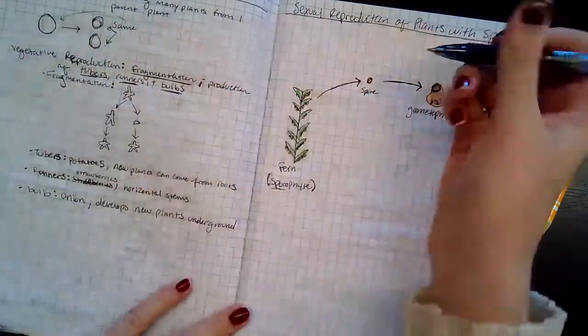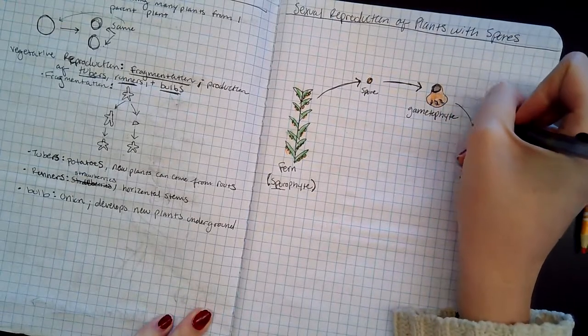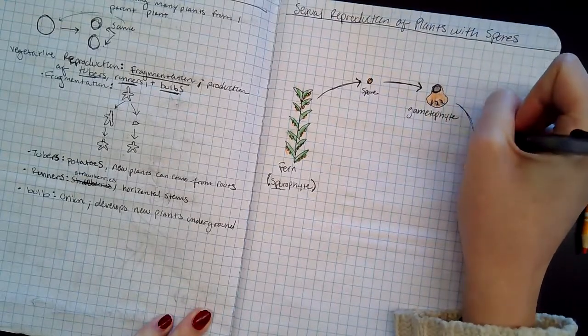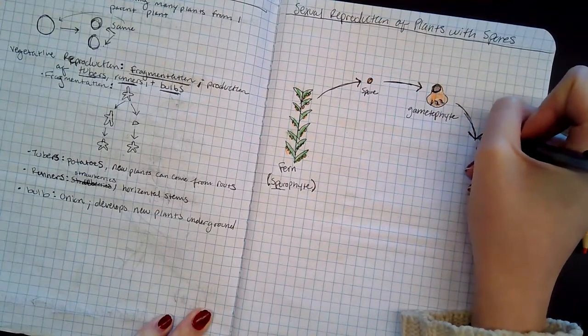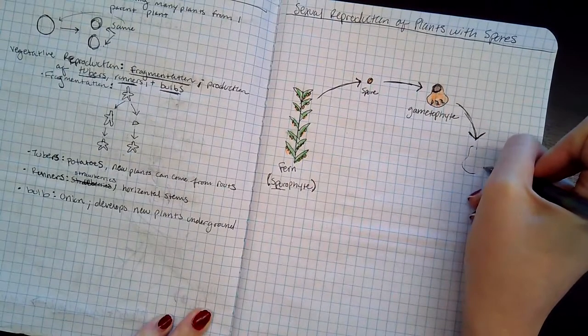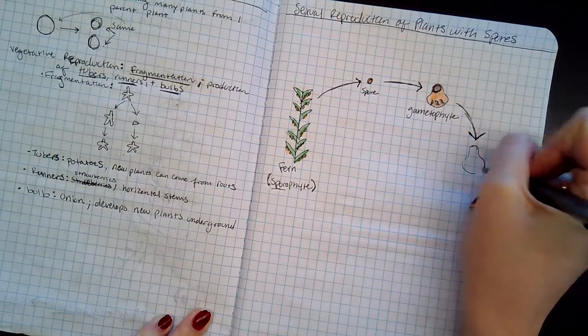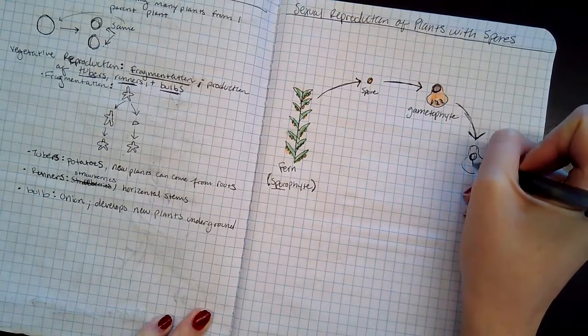Now, there's something else we should know. The next thing that happens here, so I'm going to draw an arrow to represent going to the next thing, is, let me draw the gametophyte. Okay. The egg and sperm come together.